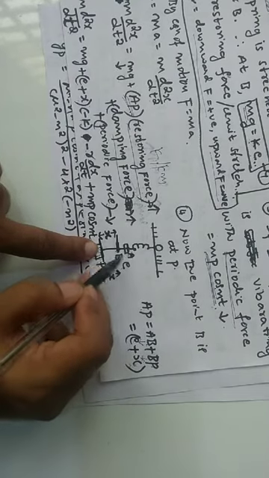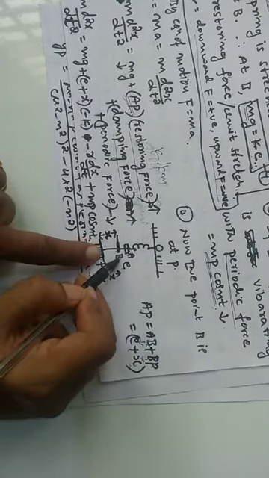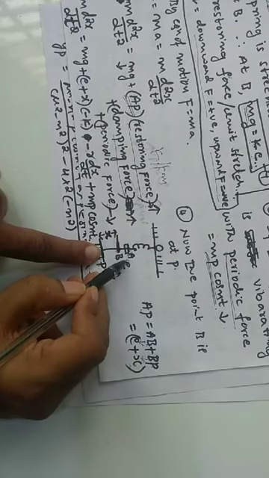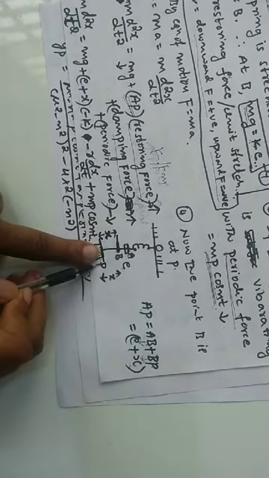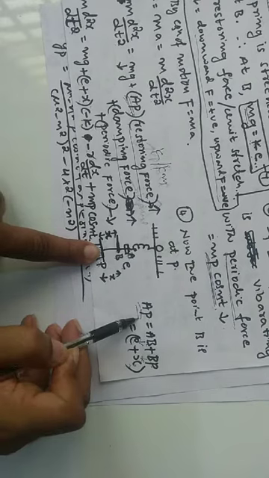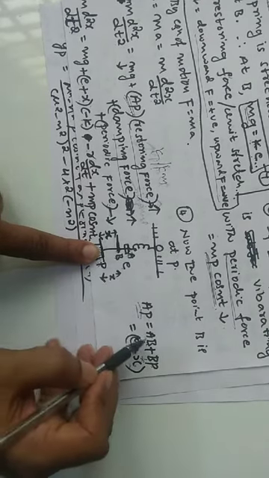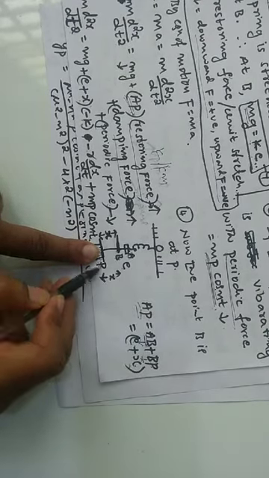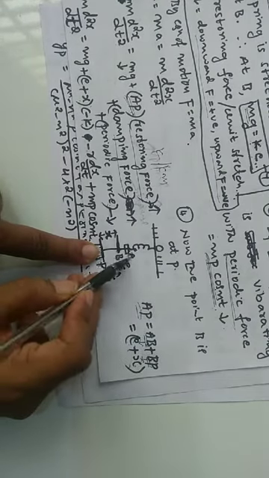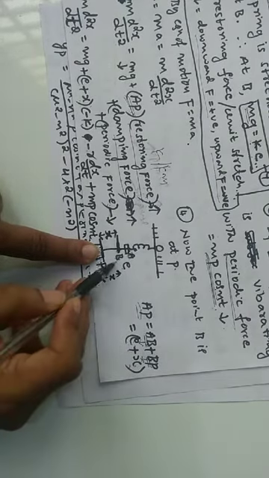Now what is this distance AP? This distance AP is nothing but AB plus BP. What is AB? AB is equal to E. What is BP?